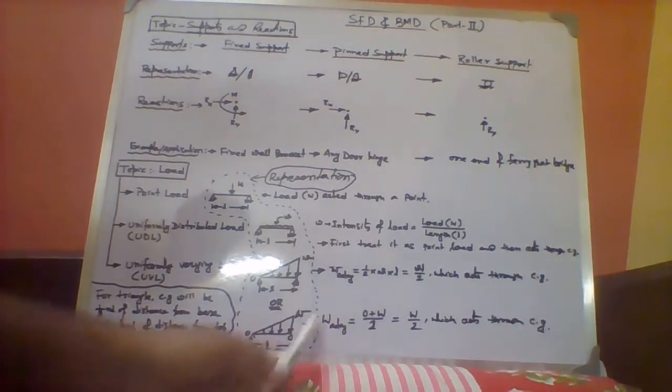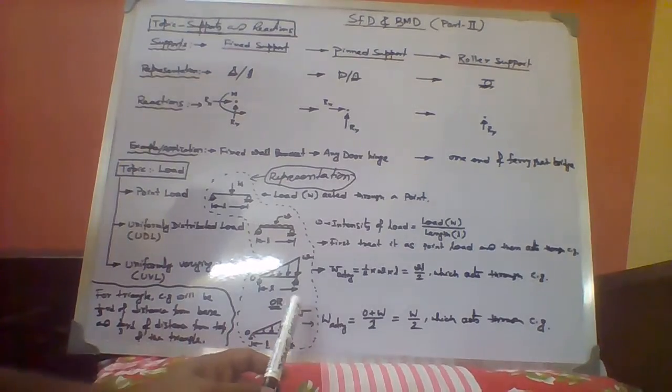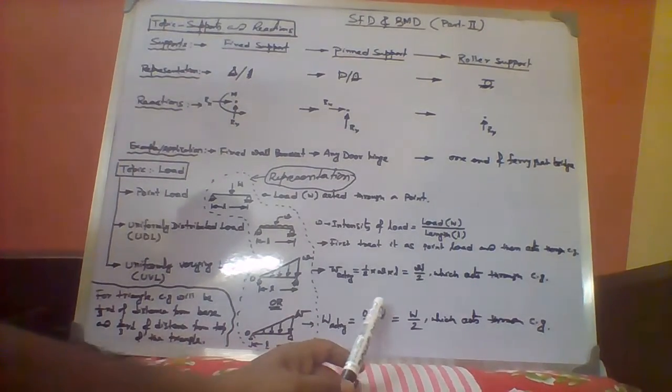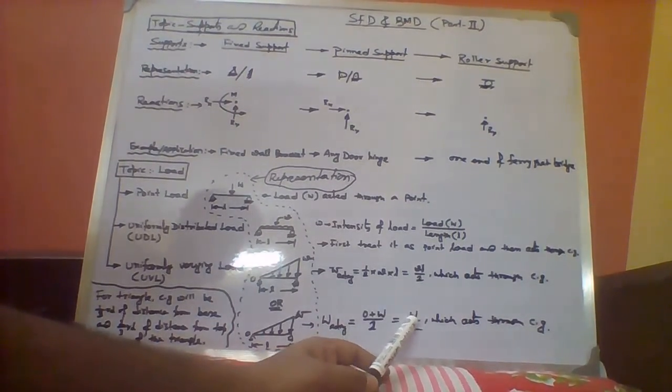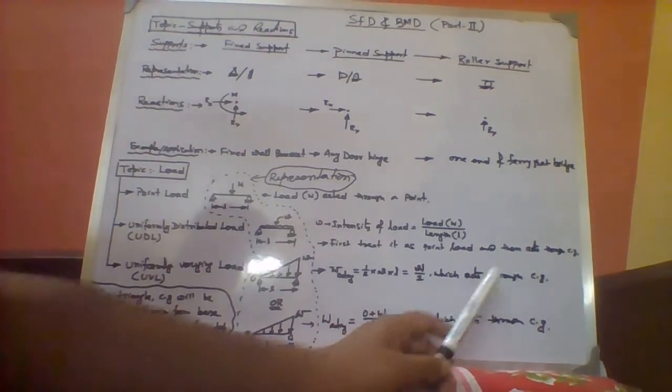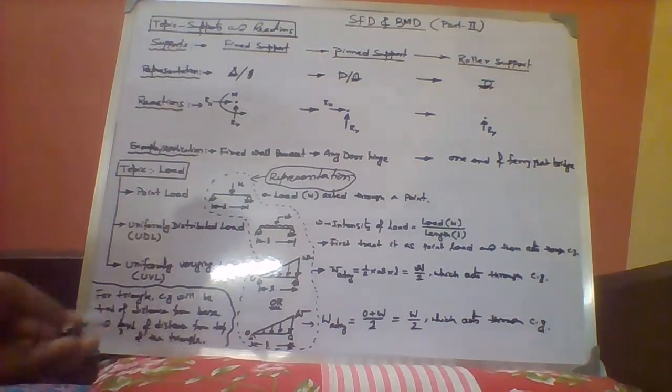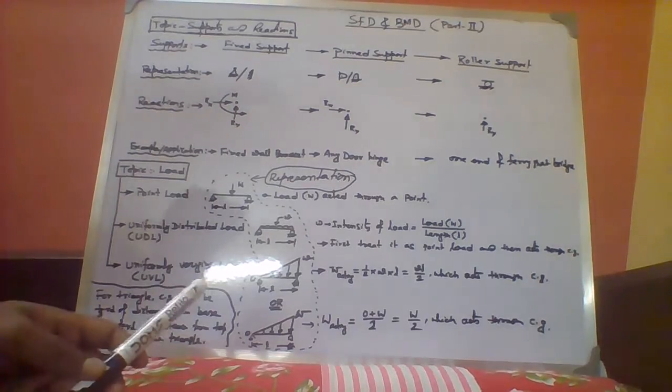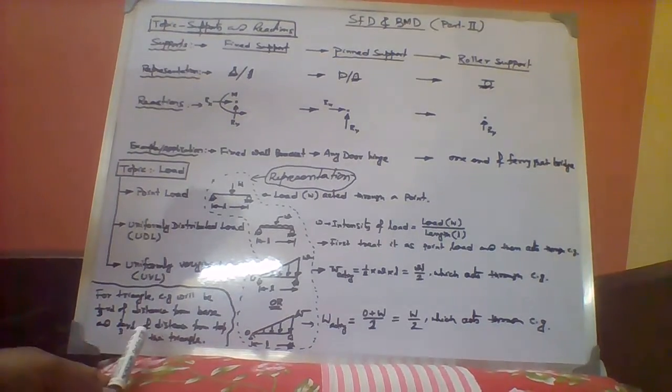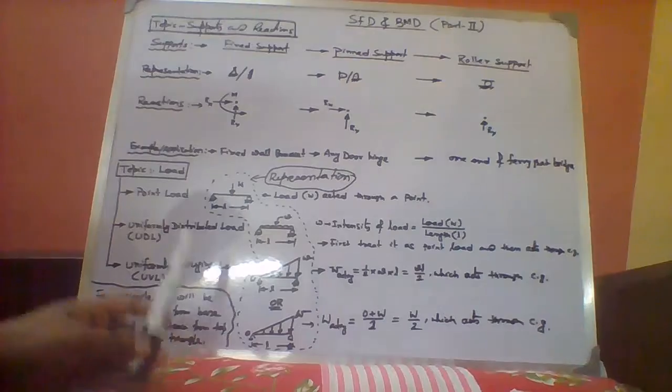At that time the acting load should be the average of the total, so it should be 0 plus W by 2. Finally it comes as capital W by 2, which acts again from the CG. For a triangle, as we know from engineering mechanics, the CG is located at 1/3 of the distance from the base.